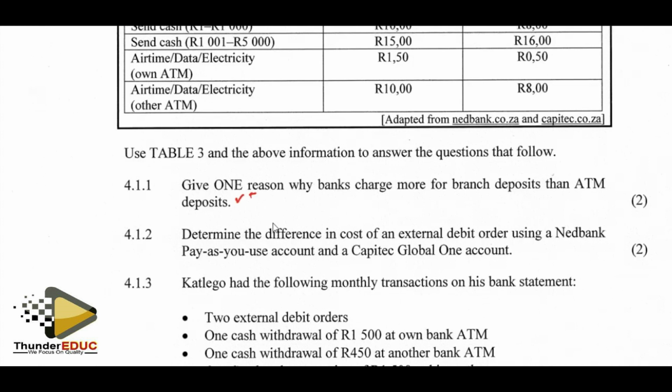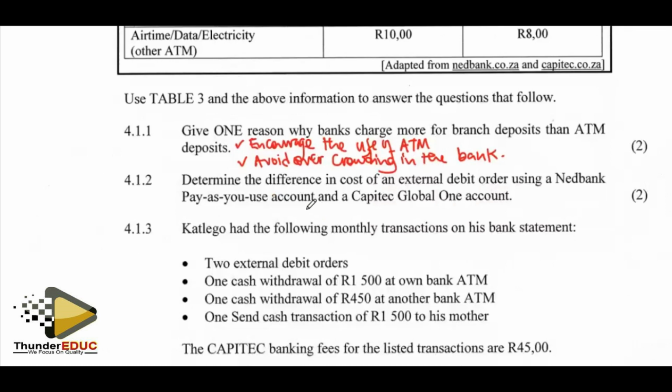Because they want to encourage the use of ATMs, then to avoid overcrowding inside the bank. Determine the difference in cost of external debit of Nedbank pay as you go.